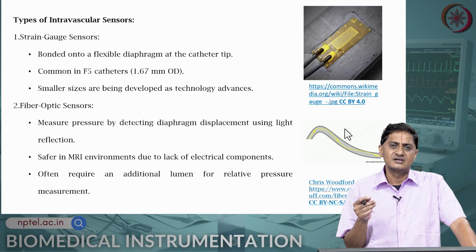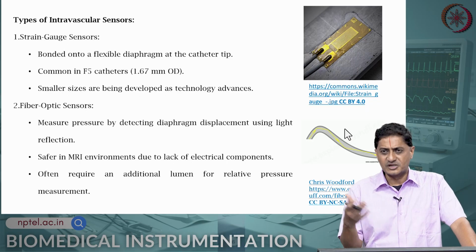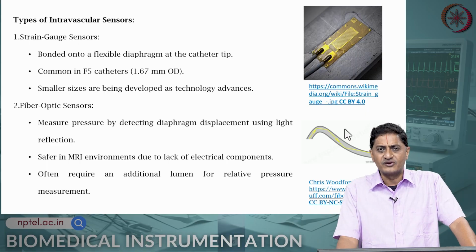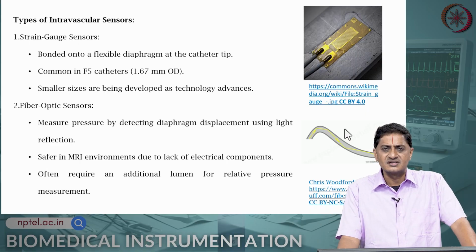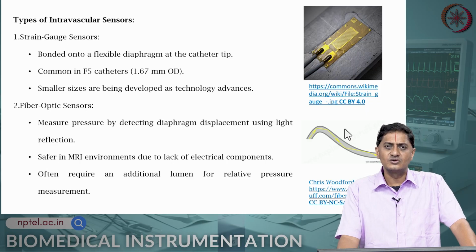If a metal foil, in this particular case we can discuss the case of the metal foil, is exposed to a stress, it undergoes a strain, it essentially changes dimension geometrically, that will change its resistance.